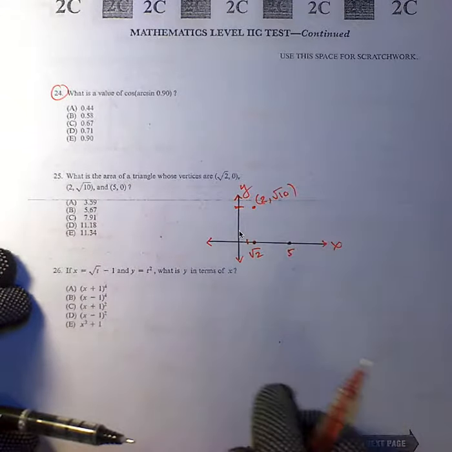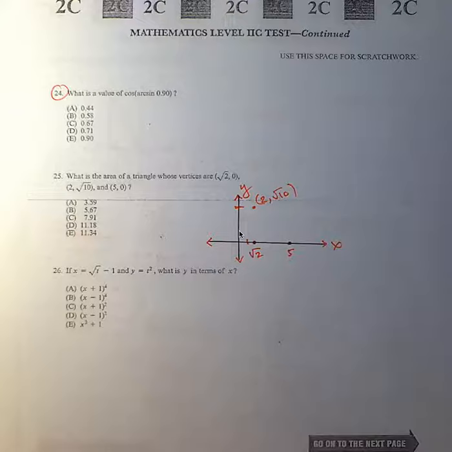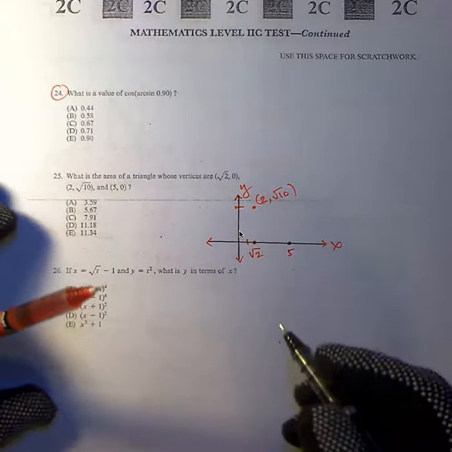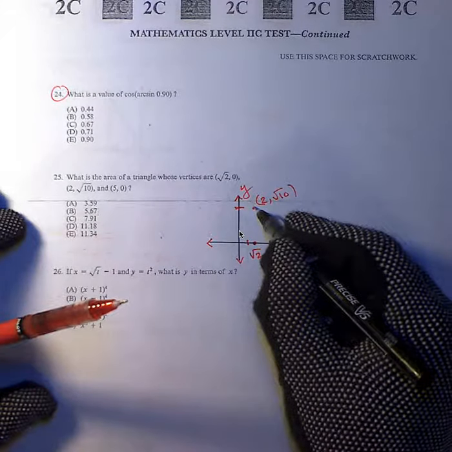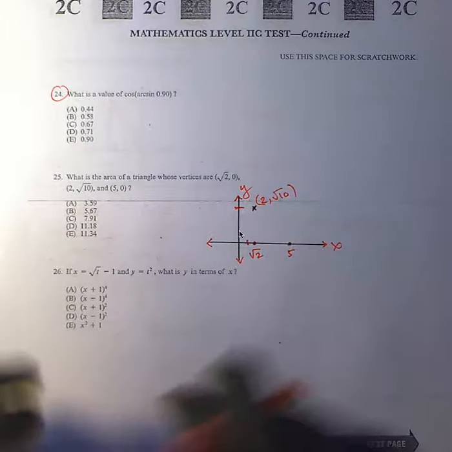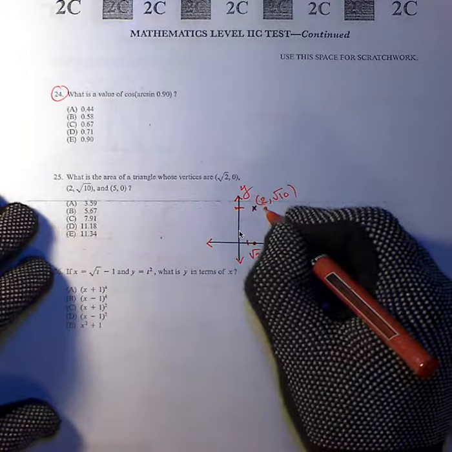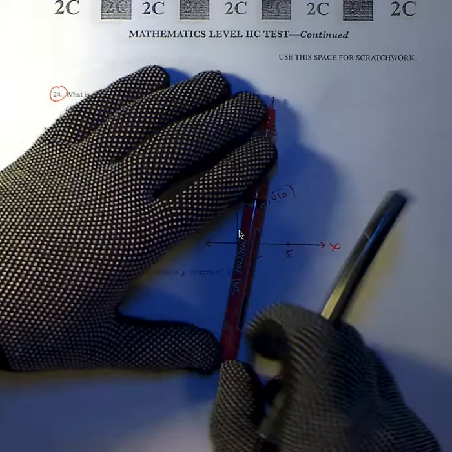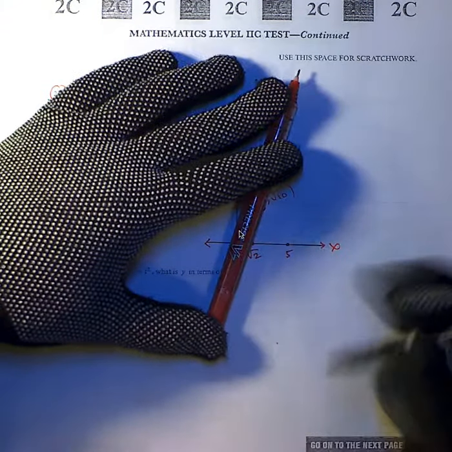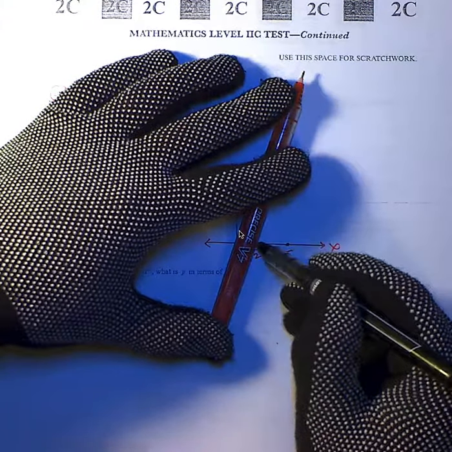Our triangle is going to look something like, well, I made 2 directly above 2 comma root 10, so ignore this, and let's say that 2 comma root 10 is actually right here, so that I could form a triangle that's not a right triangle look-alike. So our triangle is this, right?